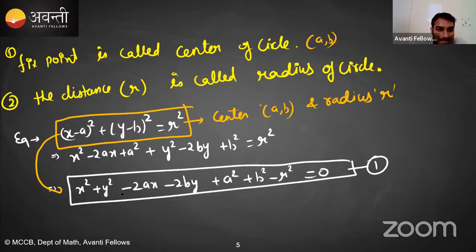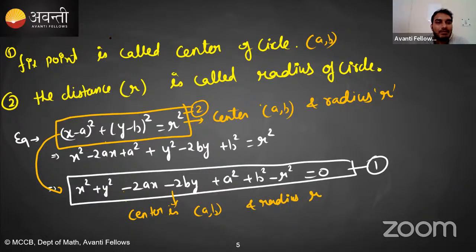So this and this equation are exactly the same. Here also I can say that the center is (a, b). There is no difference. This equation 1 and this equation, let's say equation 2, both are exactly the same. And again, what will the radius be? The radius is r. Is this clear, everyone?